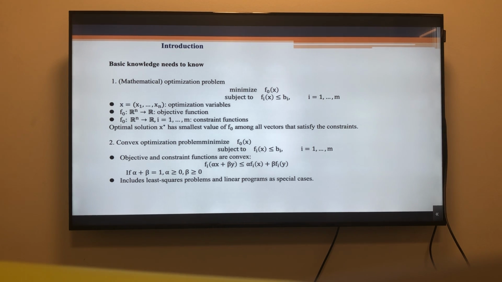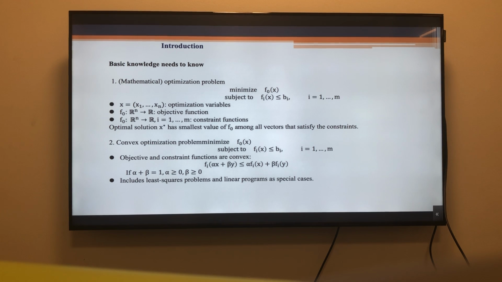The next piece of knowledge is the convex optimization problem. We need to minimize f0(x) subject to fi(x) less than or equal to bi, where the objective and constraint functions are convex.